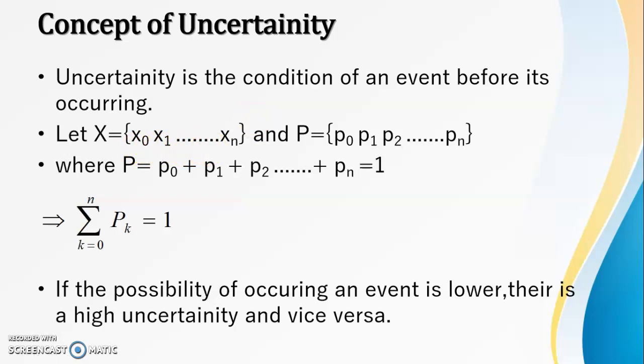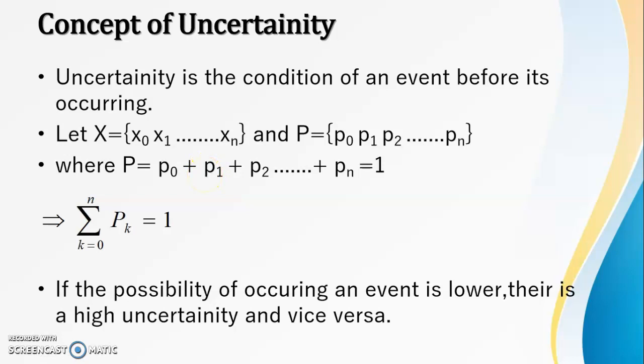Now, from the theory of probability, we know that the summation of all these probabilities should be equal to 1. That means if we add all these probabilities, it must be 1.